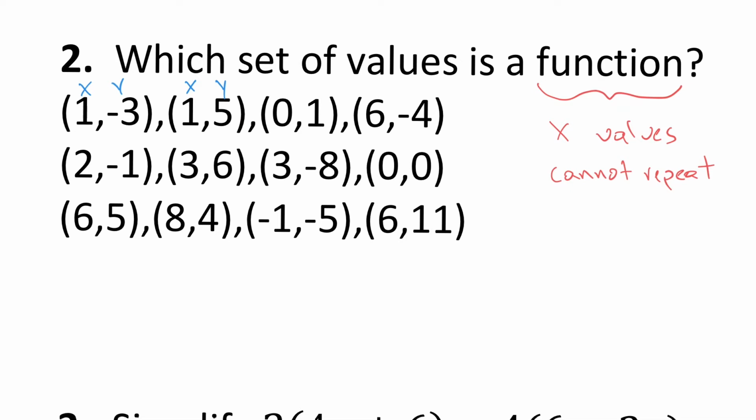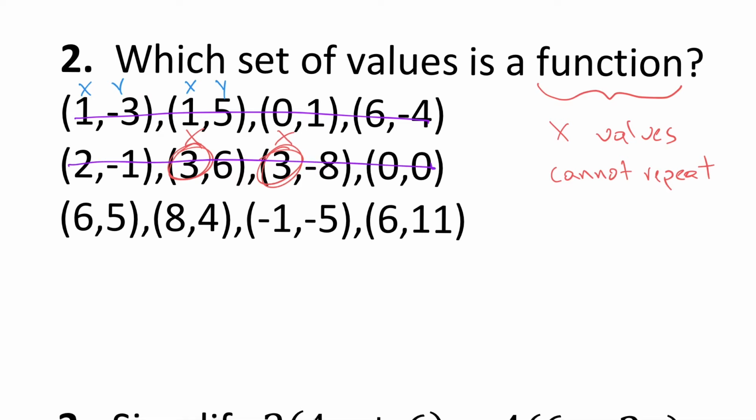Let me cross that one out. The next one, you have a 2 for the x, negative 1 for the y. There's a 3, 6, and there's a 3 again for the x value. I'm going to circle that so you can see it. This one and this one, they're both x's. They are repeated, so that's not a function.